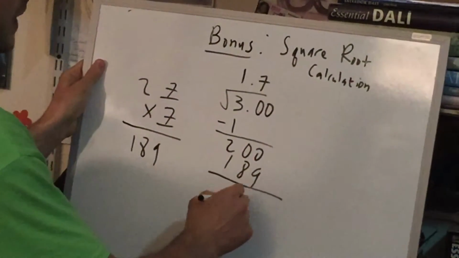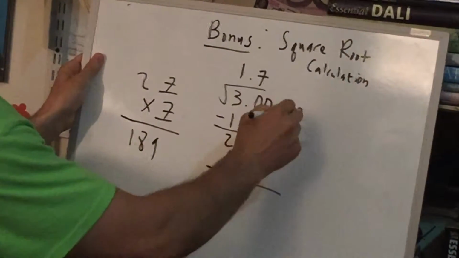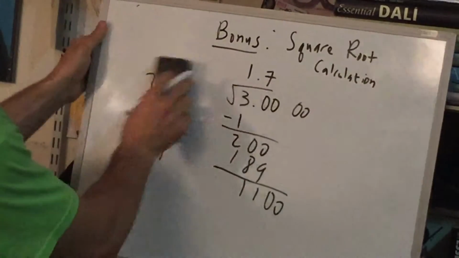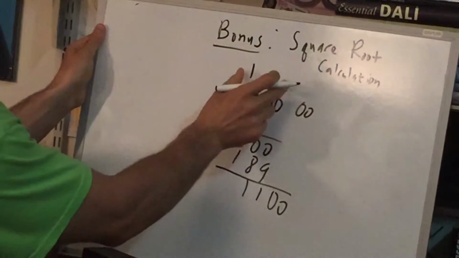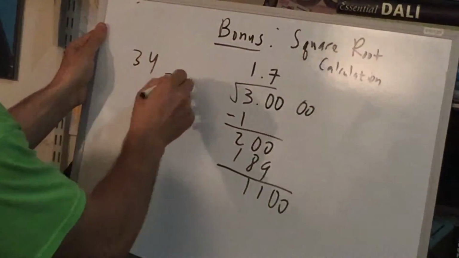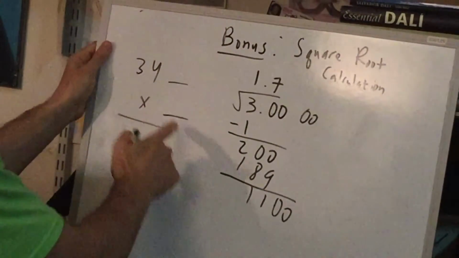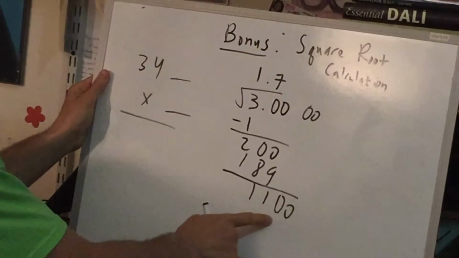Now this is not an approximation, 7 is the actual digit of that square root. Alright, so now we get 11, again we bring down the next 2 zeros, and then we would repeat this procedure. We would double the existing number, 34, put a blank times a blank. 340 what times what gets us closest but under 1100.